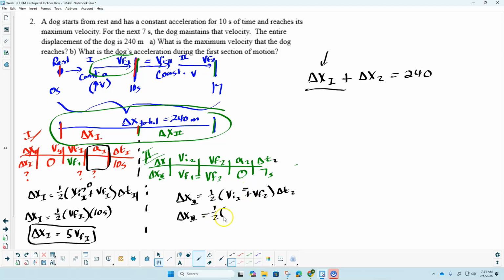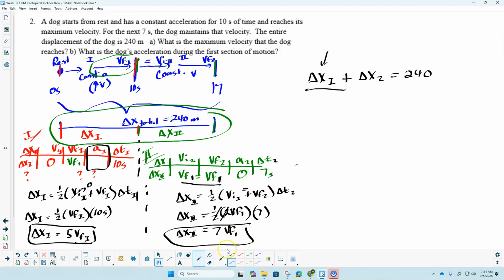So that's 1/2, and I'm just going to write it in terms of VF1 because these are all the same. So VF1 plus VF1 is 2 VF1s, inside the parentheses, and then it's delta t2, which we already know is 7 seconds. All right, so the halves and the 2's cancel out, and we just get delta x2 is equal to 7 VF1.